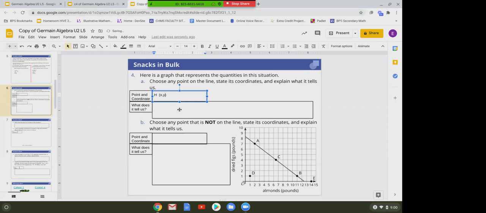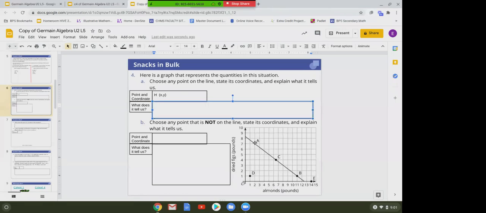And then I want you to tell me 2 things. The fact that it falls on the line, what does that tell me about that point? And then I want you to look at the labels on your axes, and tell me in the context of the story, what does it mean? So you're going to take 3 minutes right now to look at these 2 pieces. You're finding one point that falls on the line, naming the point and the coordinates, then telling me the 2 things.